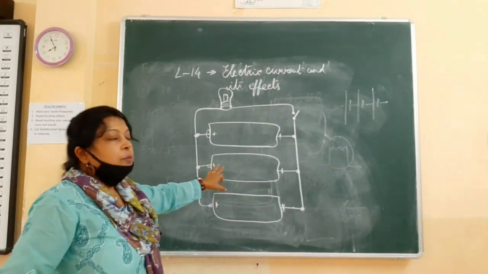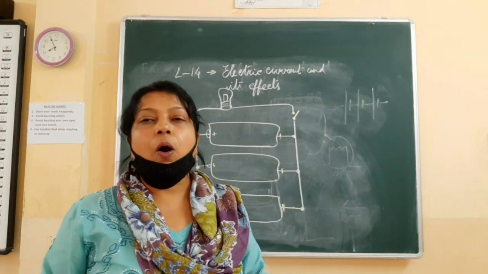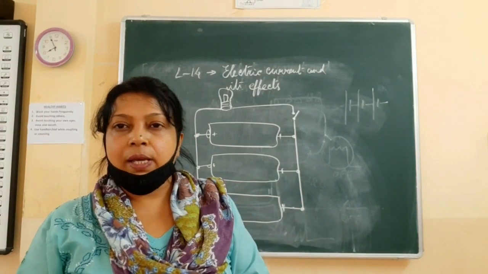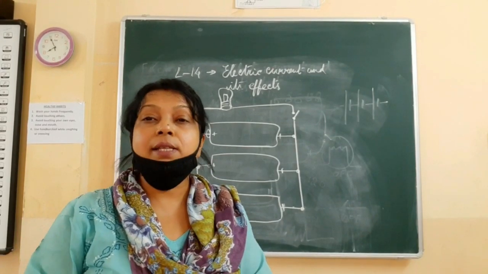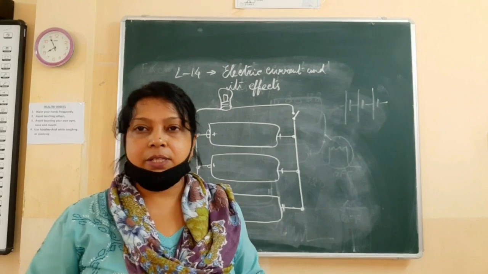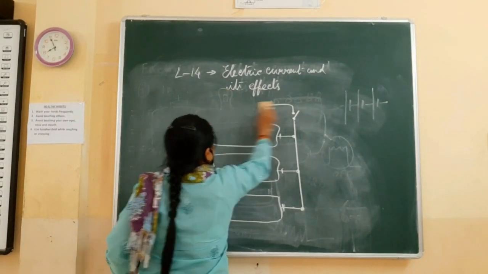And here also mostly we use the cell holder. So this is all about the batteries, that means how the cells are connected in a battery. That means the arrangement of the cells in a battery.